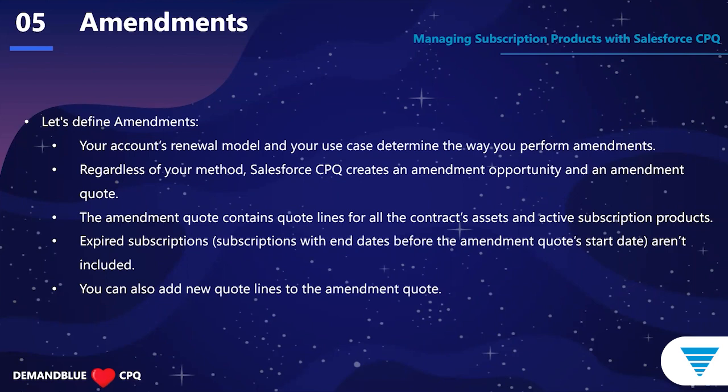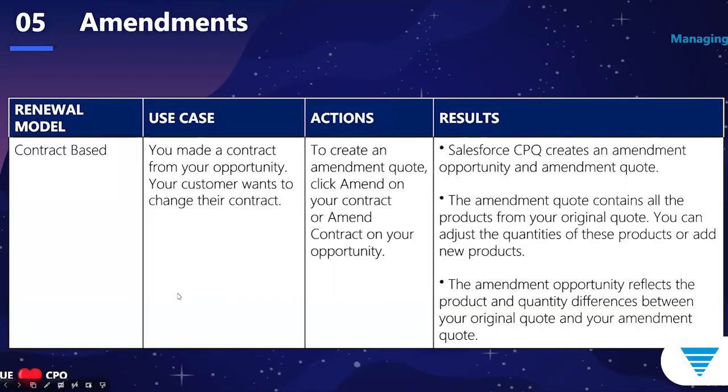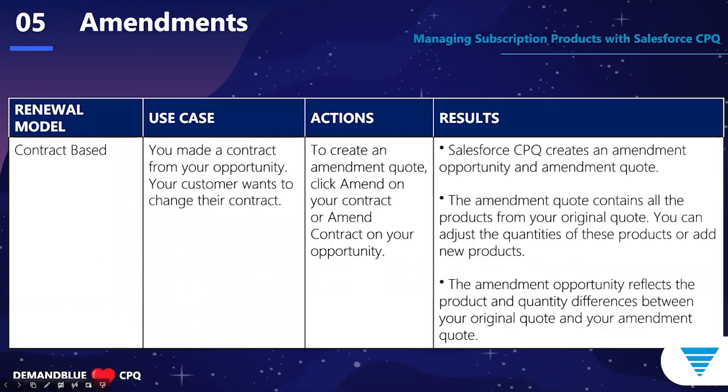Now, just like in renewals, your amendments' behavior is defined by the renewal model. The two renewal models that we have are contract-based and asset-based. If it is contract-based, it means you already have a contract from the opportunity and the customer wants to change it.